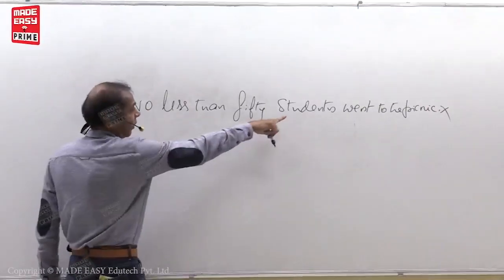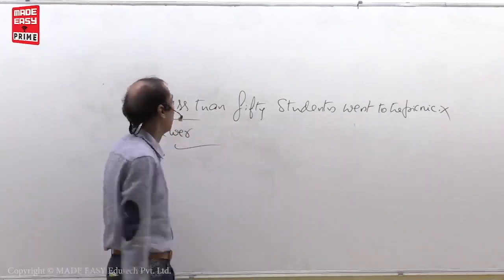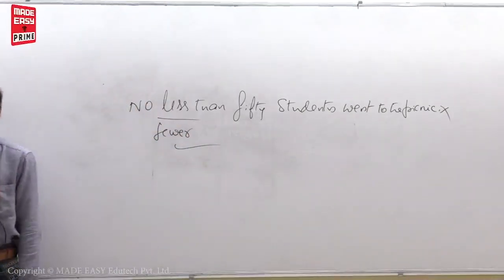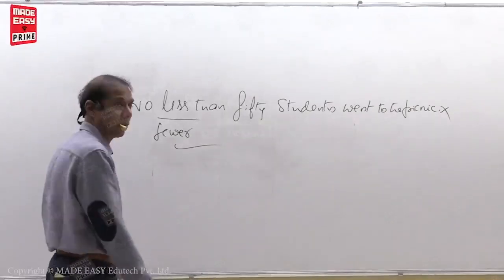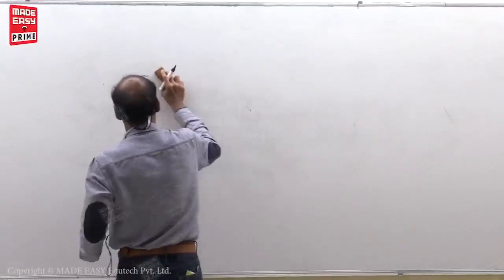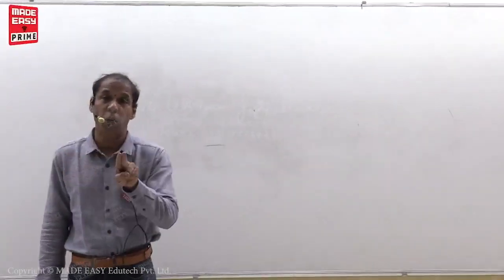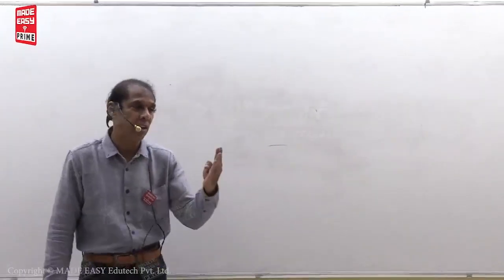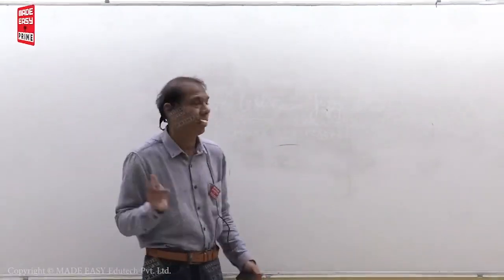In the case of countable nouns, we have to use fewer: no fewer than, not less. Okay? See, no fewer than 2 liters of milk I want: wrong. No less than. In the case of uncountables, less. In the case of countables, fewer.